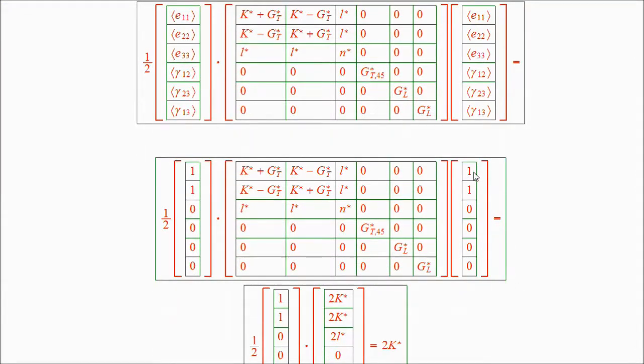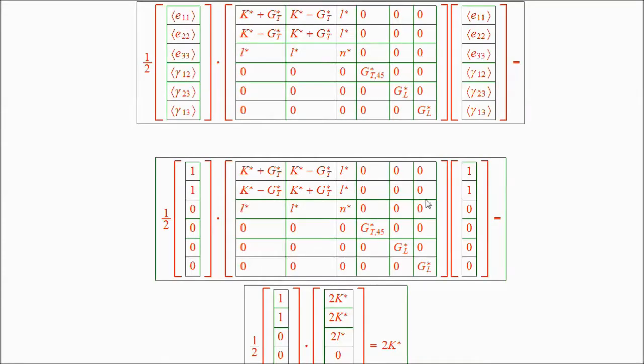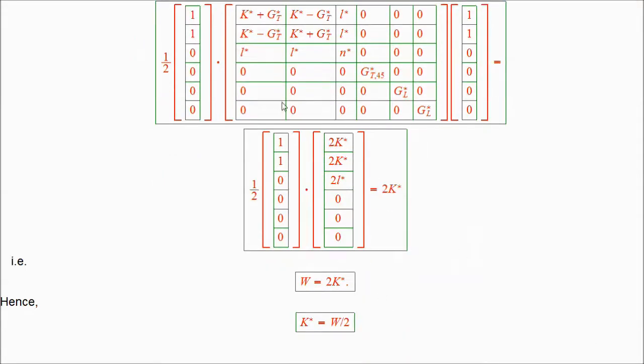Here you see, due to the deformation in the unit cell, we know that the average strain in the normal direction is equal to 1, in the y direction is equal to 1, and all other average strains are 0. So multiplying this matrix with the average strain vector 1, 1, 0, 0, 0, 0, we obtain just this vector.